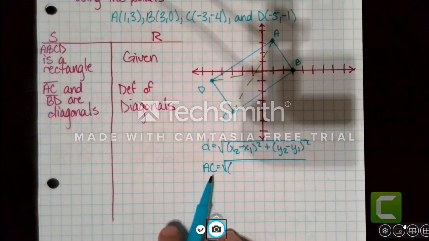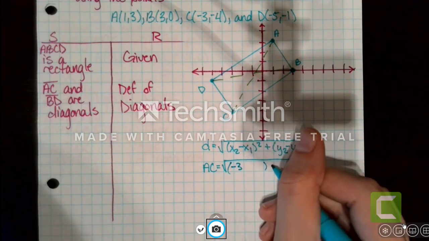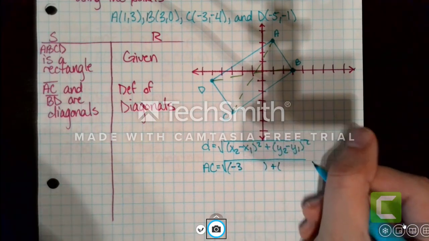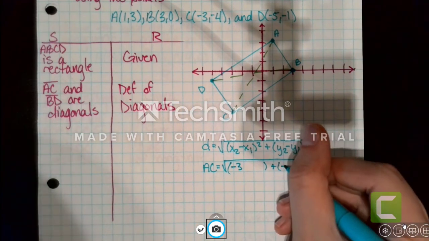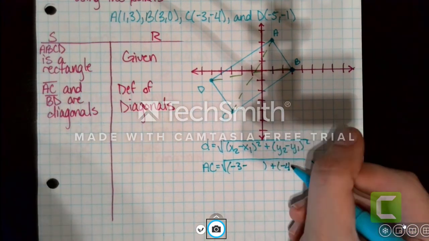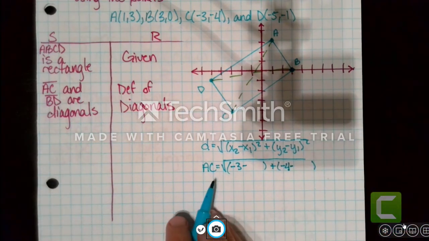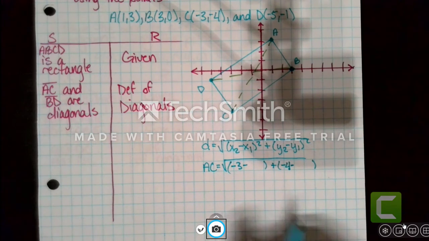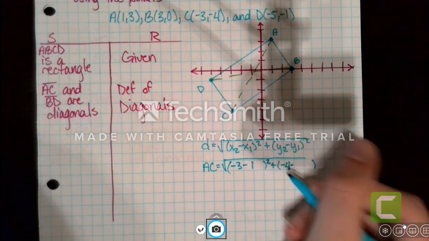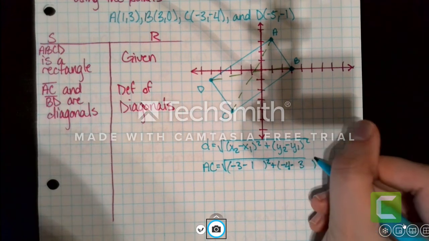Our x value for C is -3, and our y value for C is -4. Next, we'll take the difference of our x and y coordinates for A. Our x value for A is 1, and our y value for A is 3.